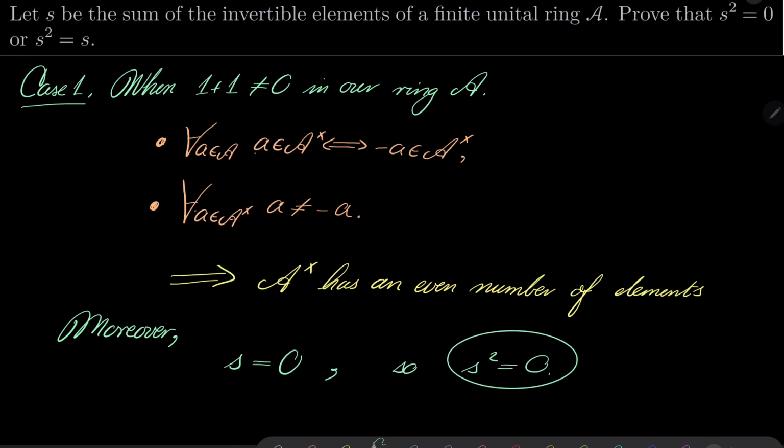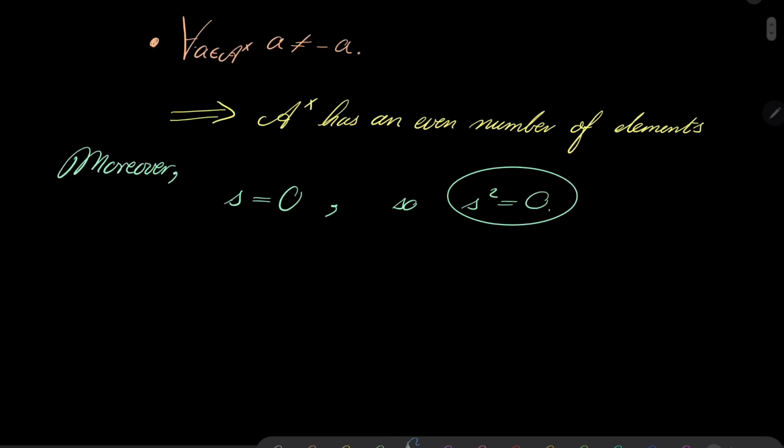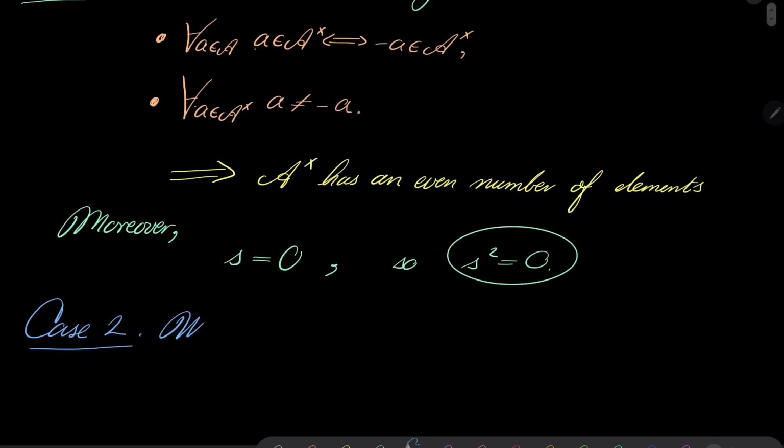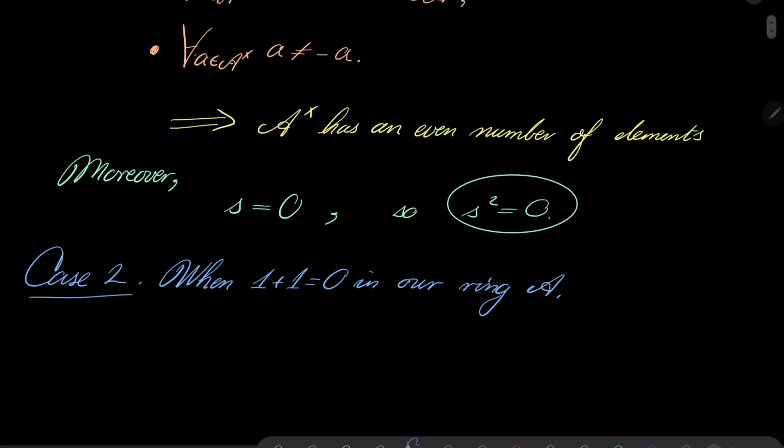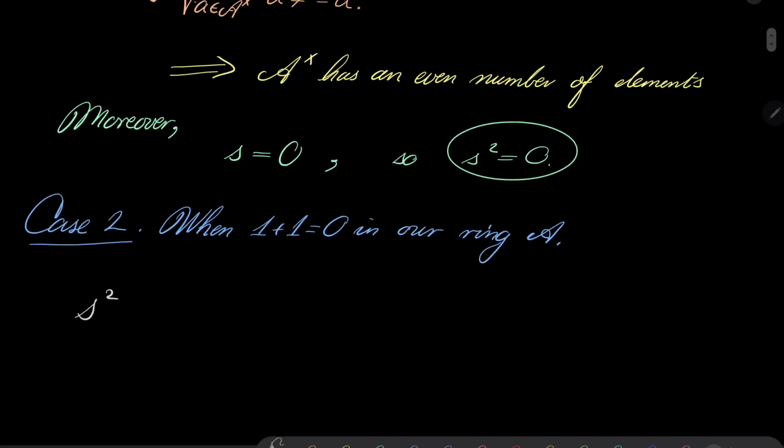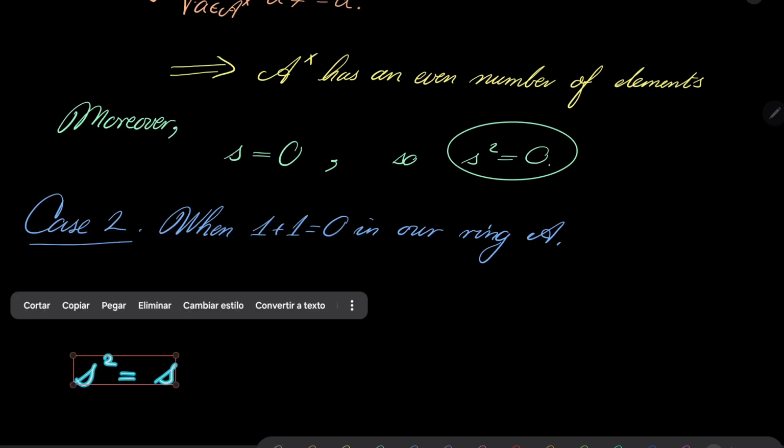So this was rather easy. Second case, much more interesting. Case number 2 will be when 1 plus 1 equals 0 in our ring A. Now, notice the following. S squared, and maybe, you know what, let's enumerate before we do it.